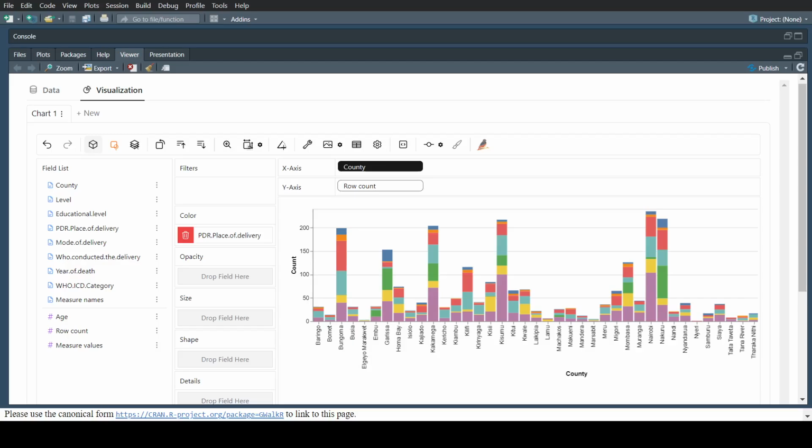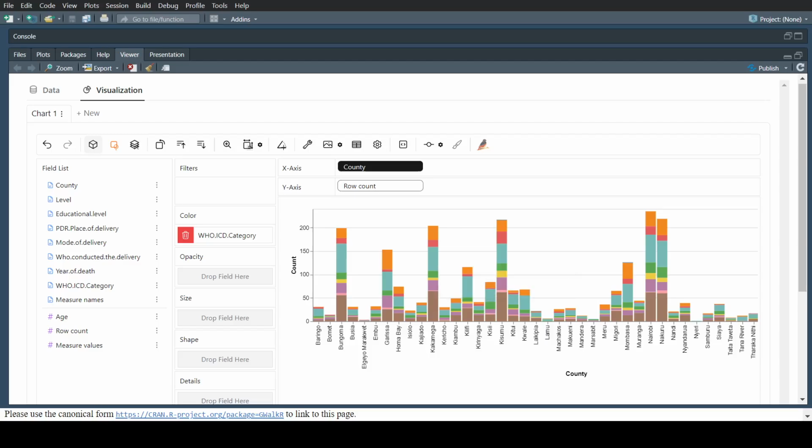And so maybe we can look at another factor. For example, what category or classification of death did these women have?